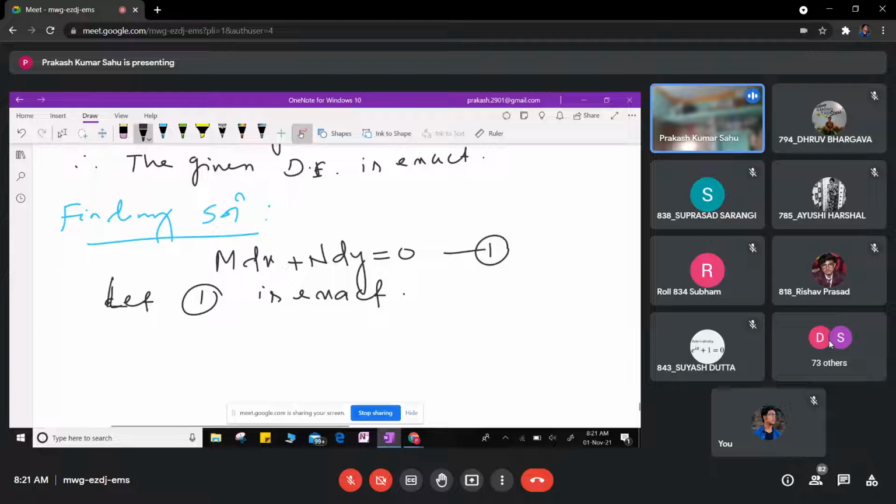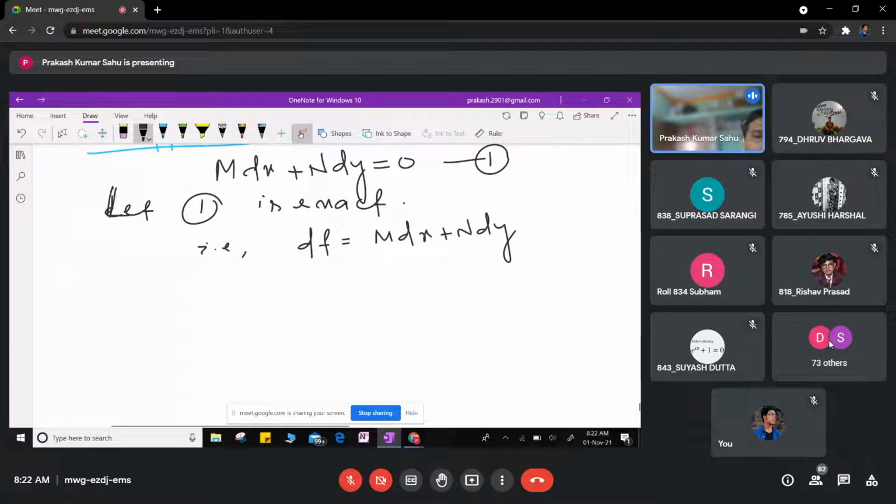If this differential equation is exact, that means we can write m dx plus n dy is equal to d of something, that is df. And if we can write this, then suppose we are integrating both sides.